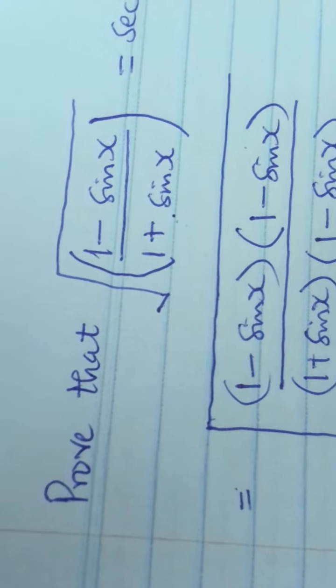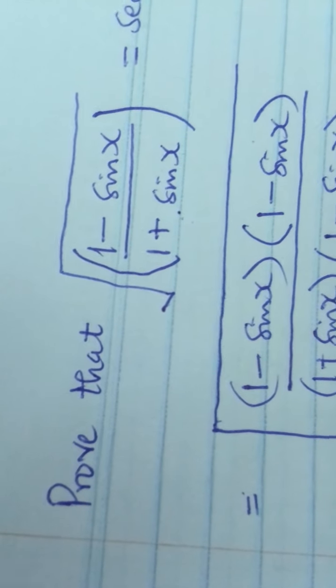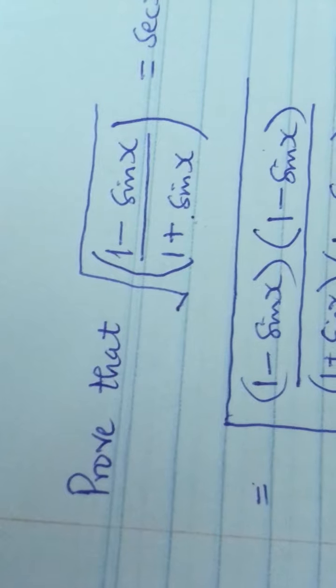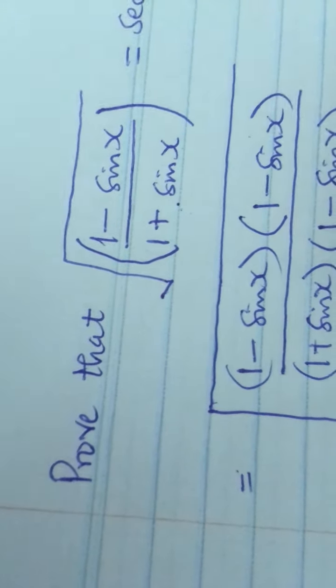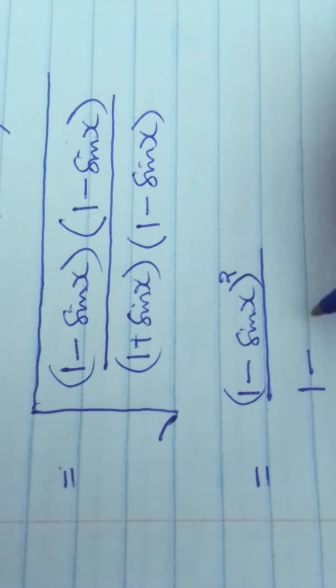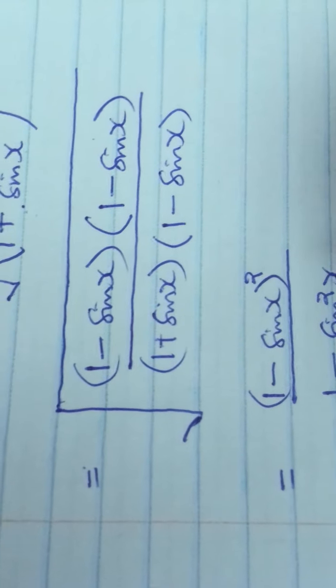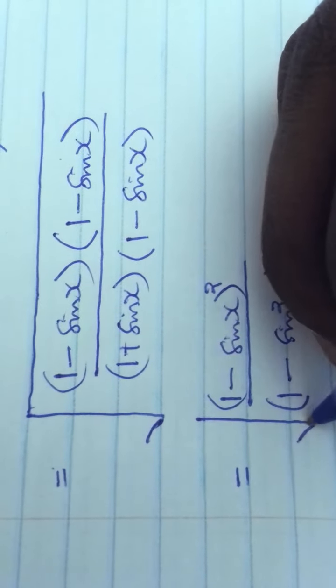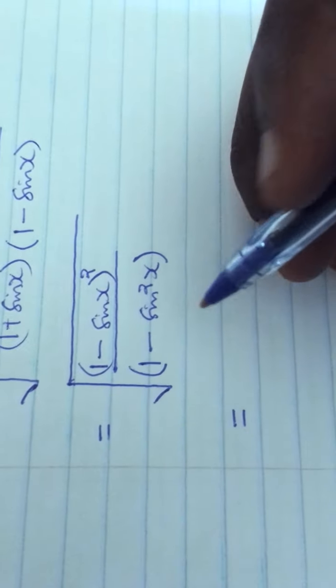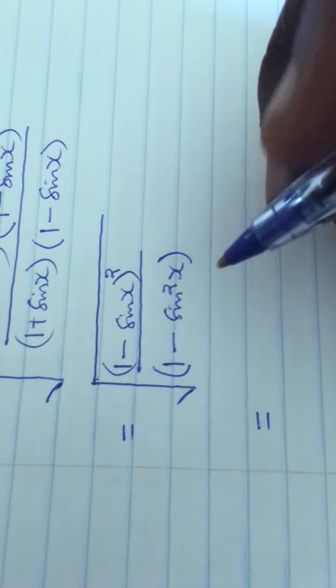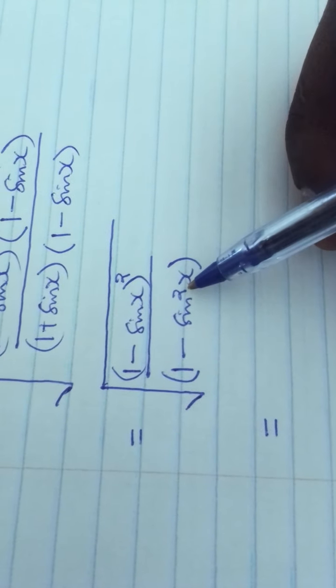We shall have 1 minus sine x, but squared, over, now this one is a difference of two squares, so which will be 1 minus sine squared of x, but now under a root.